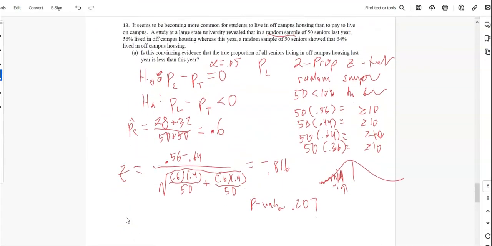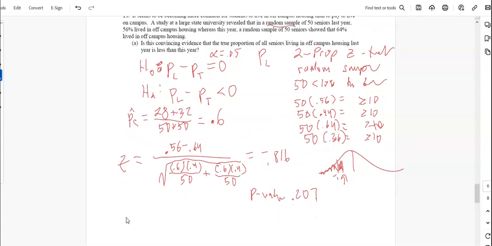Okay, so now we have to make our conclusion, because our p-value equals 0.207, which is less than our alpha level of, I'm guessing 0.05. Wait, 0.207 is not less than, it is greater than our alpha level. So 20% is greater than 5%.